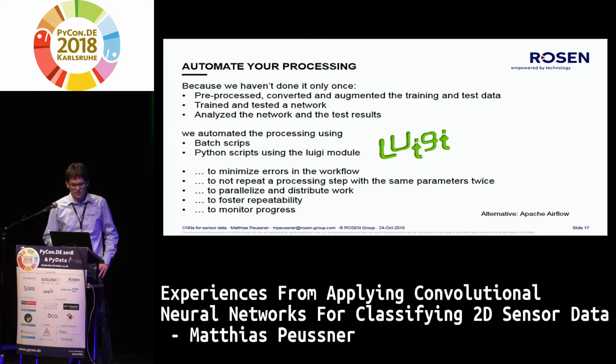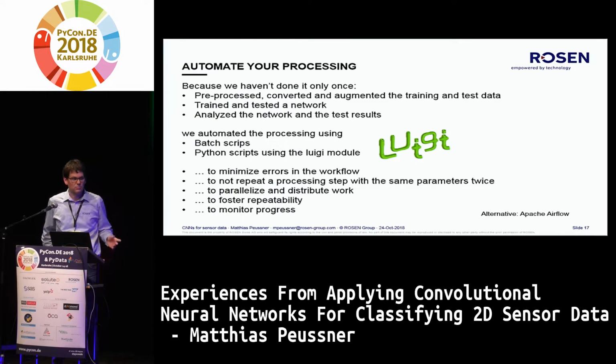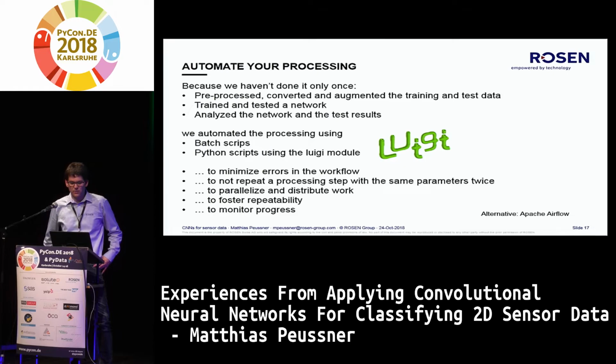Of course, it also helps prevent repeating the same processes with the same parameters. So I used the Luigi framework, so that, for example, if you want to train a network with different learning rates, but the preprocessing should be the same, then Luigi can help you so that you are not executing the preprocessing twice.